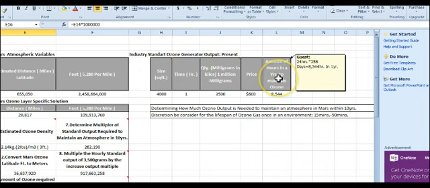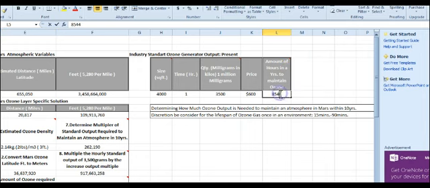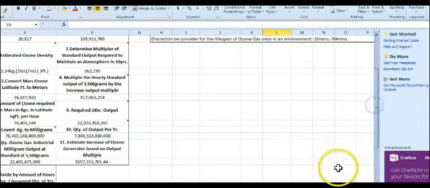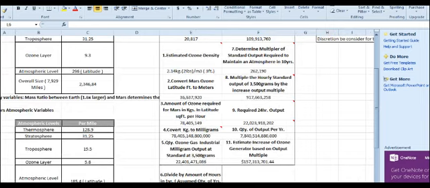The amount of hours in a year to maintain ozone comes in at 3,540. I will clarify what that actually means within the estimation process of atmospheric infrastructure.